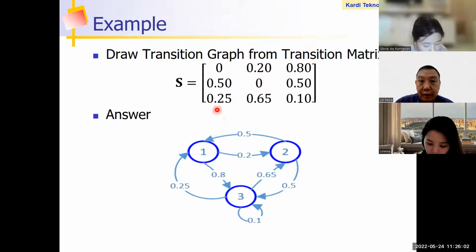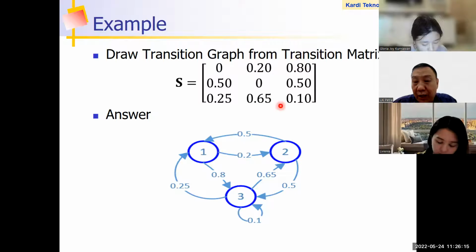If you want to draw the transition graph from the transition matrix, you look at this. Every zero you don't need to draw. Everything above zero, that is positive, is the one that you draw as a link.